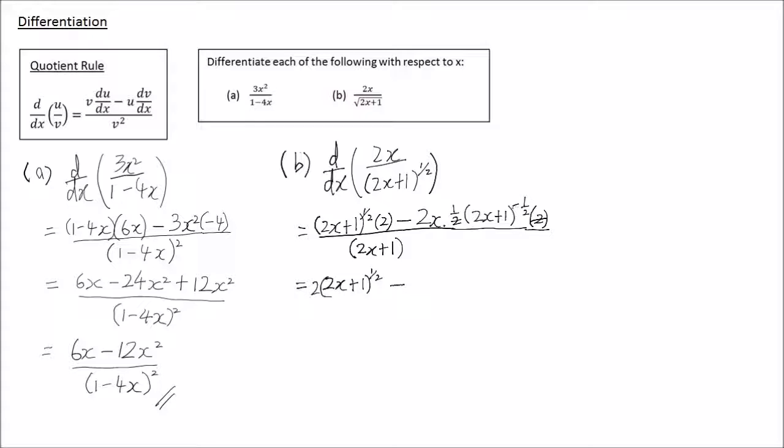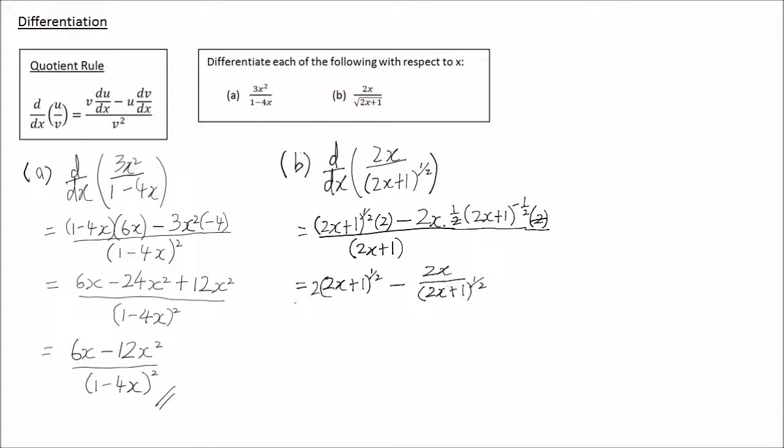Notice that the sign here is negative, so you can bring it to the denominator of this function here. So you have 2x over 2x plus 1 to the power half. When it's negative half, you bring it down, it becomes positive half.